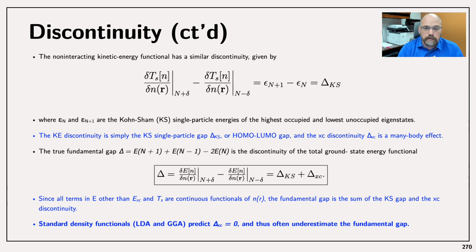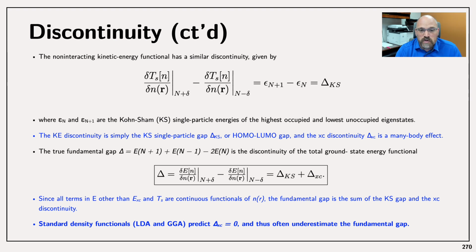Now, this is kind of nice. Why is it nice? Because people who design exchange correlation functionals, the heroes of DFT really, and I will introduce names in the next lecture, they know this. They say LDA or GGA were not designed with those functional derivatives in mind. But now that you know that this property exists for the exact exchange correlation functional, you can design functionals that have that property, and of course improve the result.